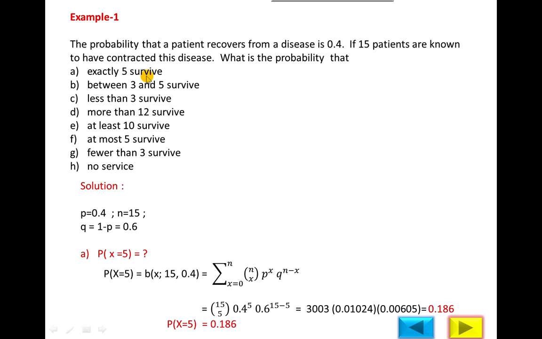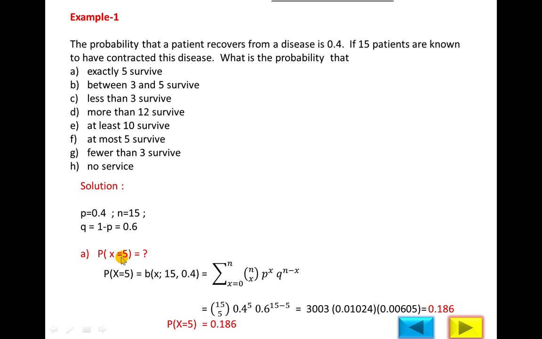This indicates the outcome of the variable is 2, survive or die. So we will use the binomial probability distribution. This is the condition: p equal to 0.4, n is equal to 15, q will be equal to 1 minus p, 1 minus 0.4, which is 0.6. First part, exactly 5. Find the probability of exactly 5, meaning x equal to 5.